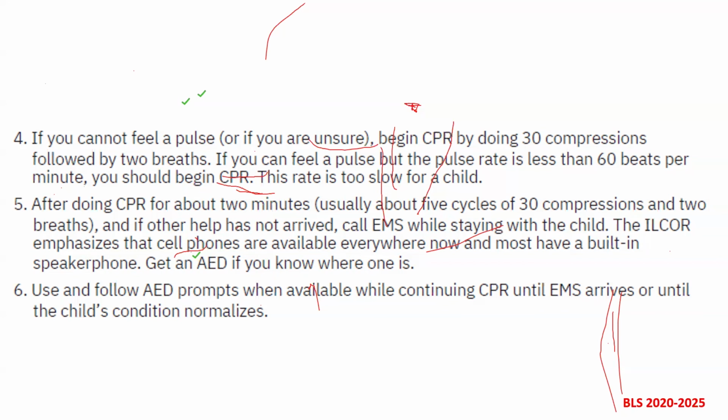After doing CPR for about 2 minutes, usually about 5 cycles of 30 compressions and 2 breaths, if other help has not arrived, call EMS while staying with the child. The guidelines emphasize that cell phones are available, so you should simultaneously activate the emergency medical system through the speakerphone while doing other elements of CPR.